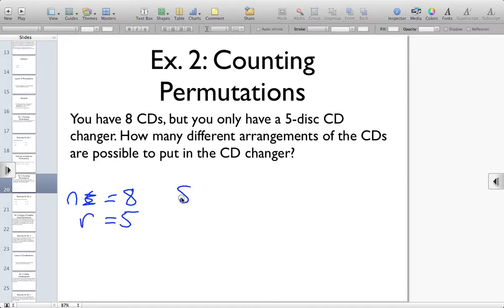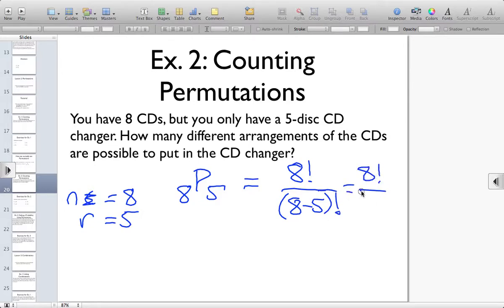So we write this as 8, big P, 5. Normally your 8 and your 5 are a little bit smaller, but I want you to make sure you can see them. So putting them into the formula, 8 factorial over 8 minus 5 factorial. All right, let's simplify first. So we have 8 factorial over 3 factorial.